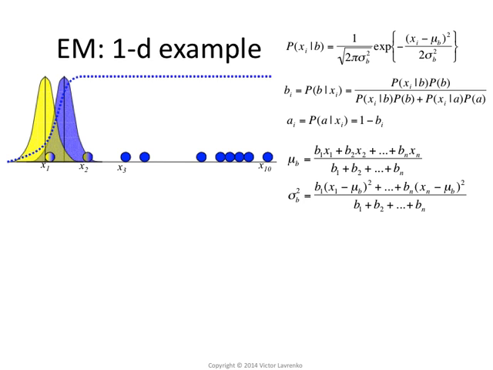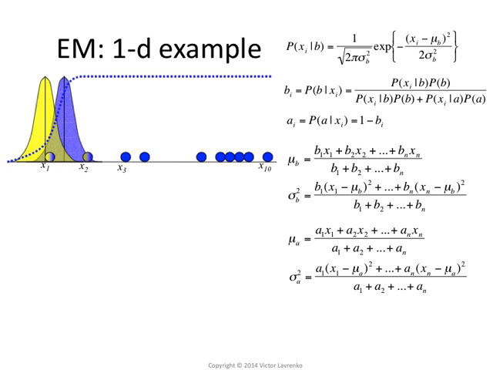I compute the differences between each point and the blue mean, so that line right there. I square those differences, multiply them by the amount of blue that you have in each case, and divide by the sum of the posteriors again. I do it for the blue Gaussian, I do the same exact thing for the yellow Gaussian, and after this, I'm going to have two new means and two new variances.